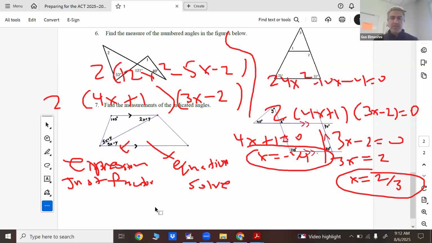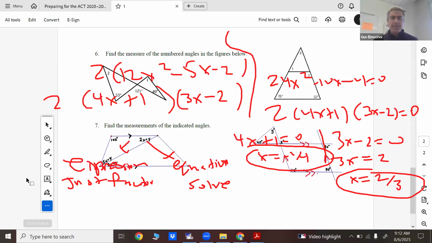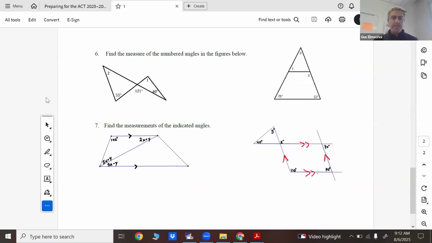And then finally, these couple problems here. Just remember, if that's 121, that's 59. You got 112, so that's 68. That's also 59. So it's 99, which will make that 81.